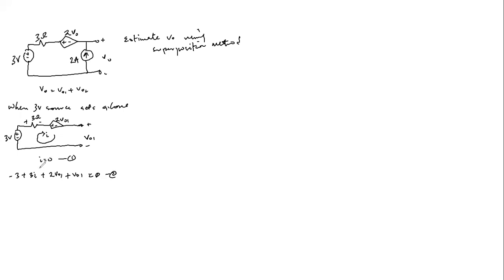So if we substitute for I, since no current flows through the open circuit, I is 0. So that will be minus 3 plus 3 into 0 plus 2V01 plus V01 is equal to 0. That's minus 3 plus 3V01 equal to 0.